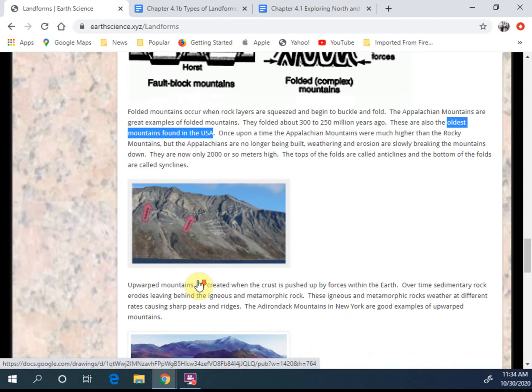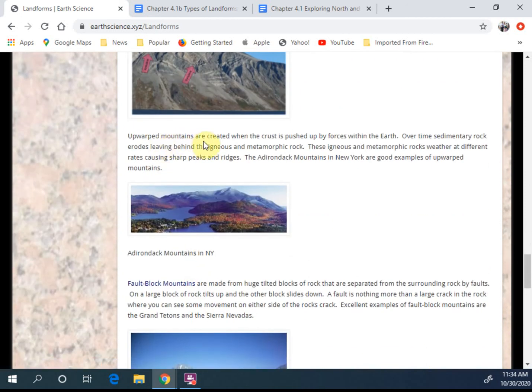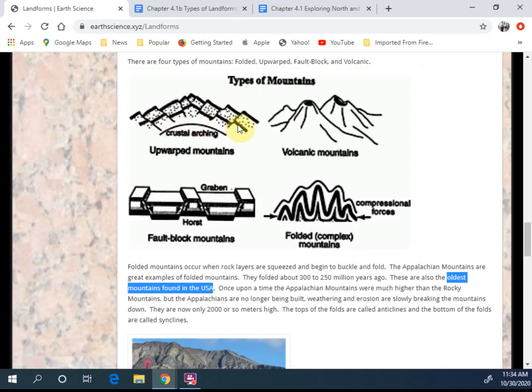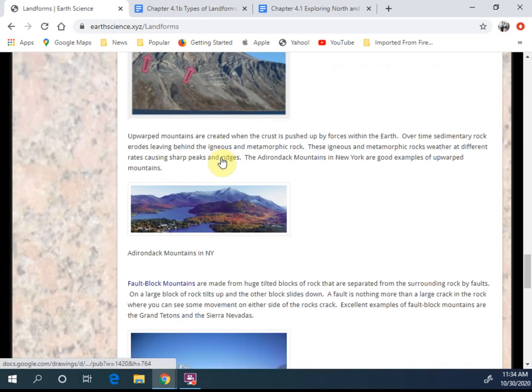It's beautiful. Upwarp mountains, the one that we looked at up here, this fracturing matching a curvature, it has to do with sedimentary rock on the surface that is getting pushed from underneath by an igneous or metamorphic rock due to tectonic forces or just erosion and uplift.